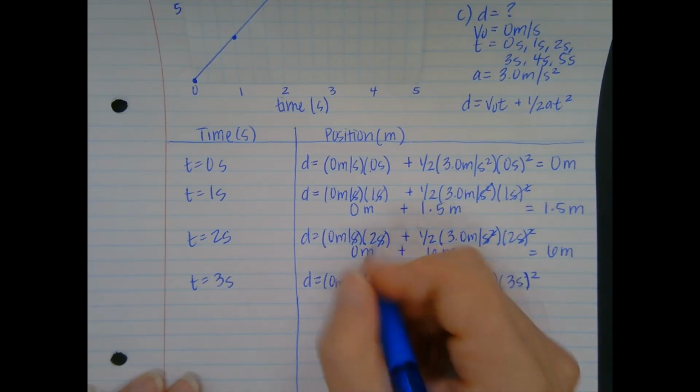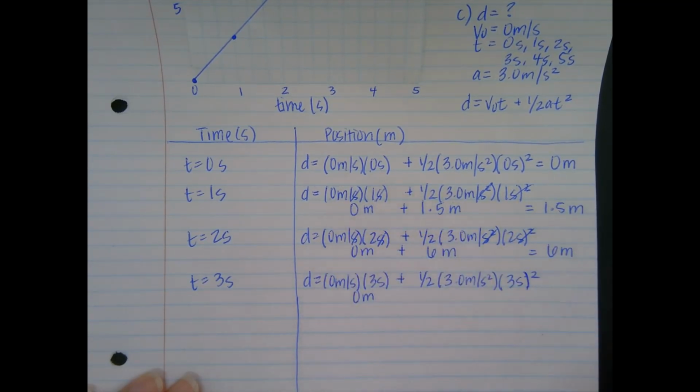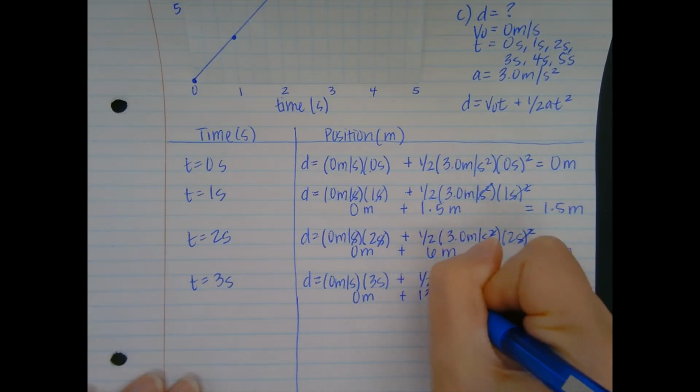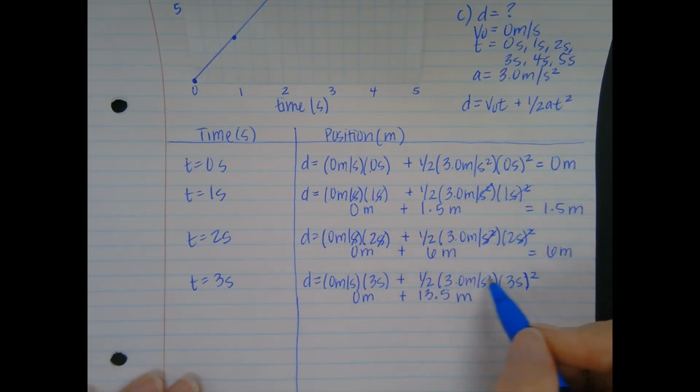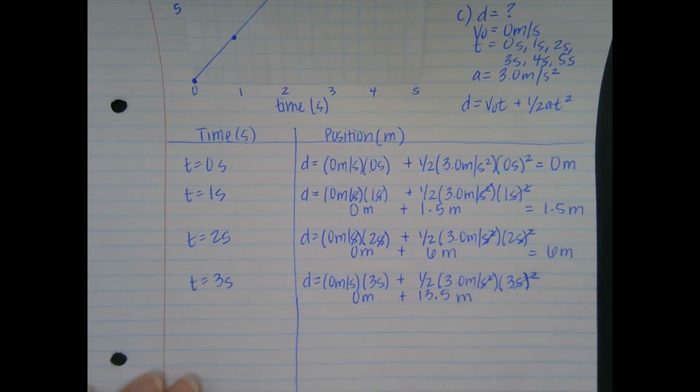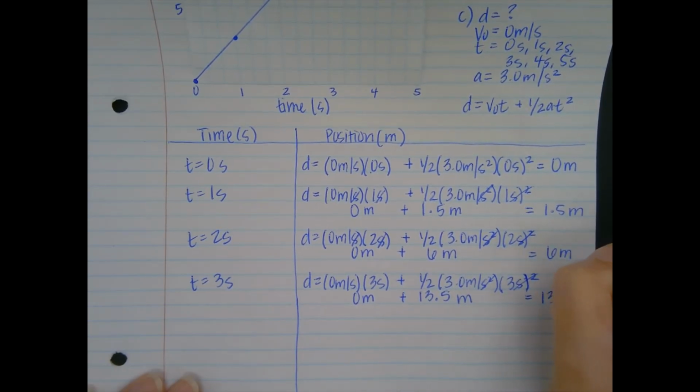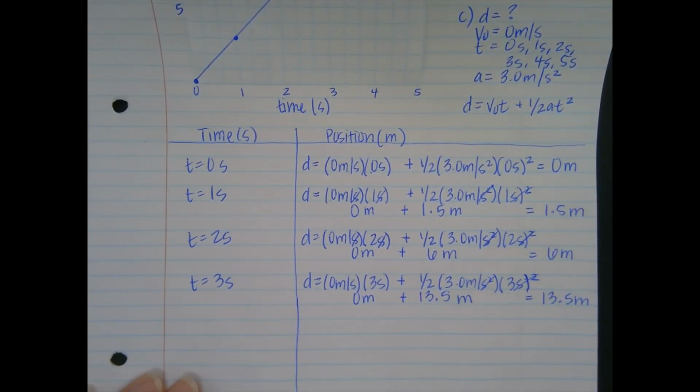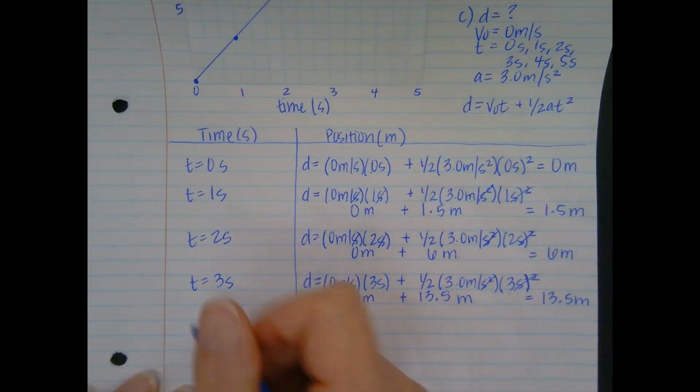So again, 0 times 3 is 0 meters, seconds and seconds cancel, plus 1/2 of 3 times 3 squared. So 1/2 times 3 times 9 gives us 13.5 meters. Seconds squared cancel. So 0 plus 13.5 is 13.5 meters. So you can see with the distances that we are increasing.